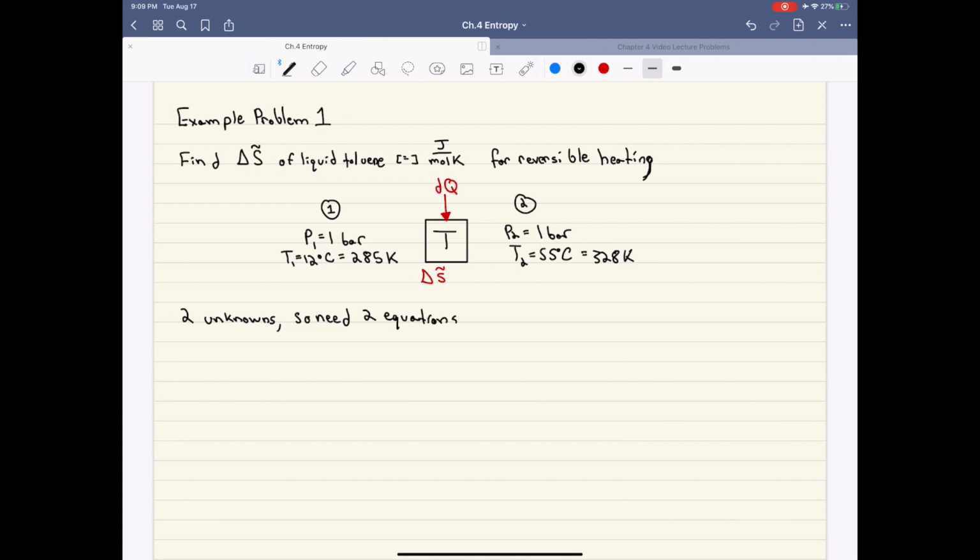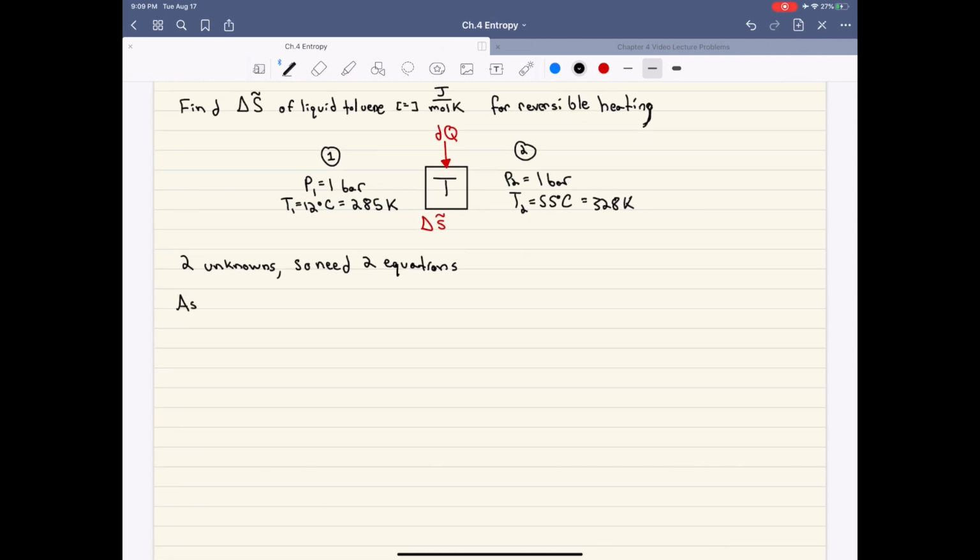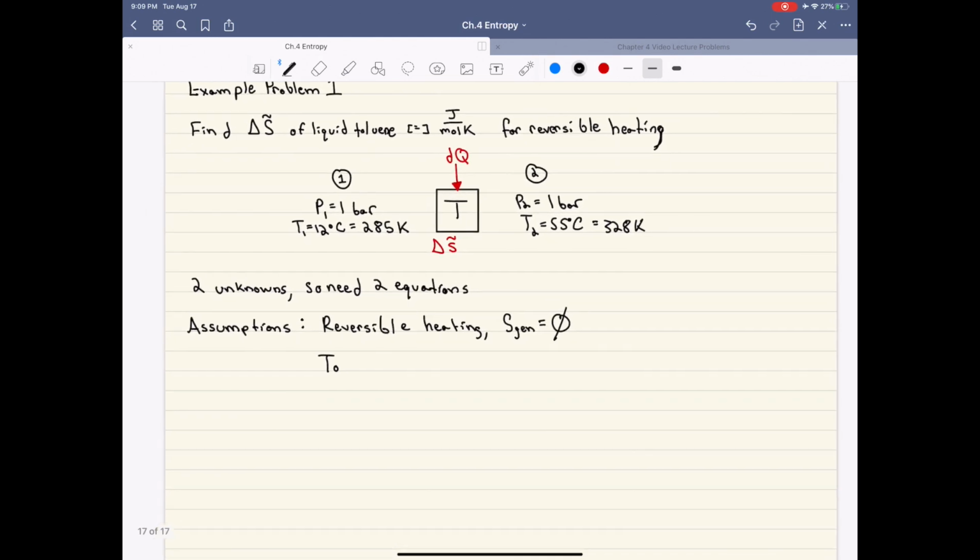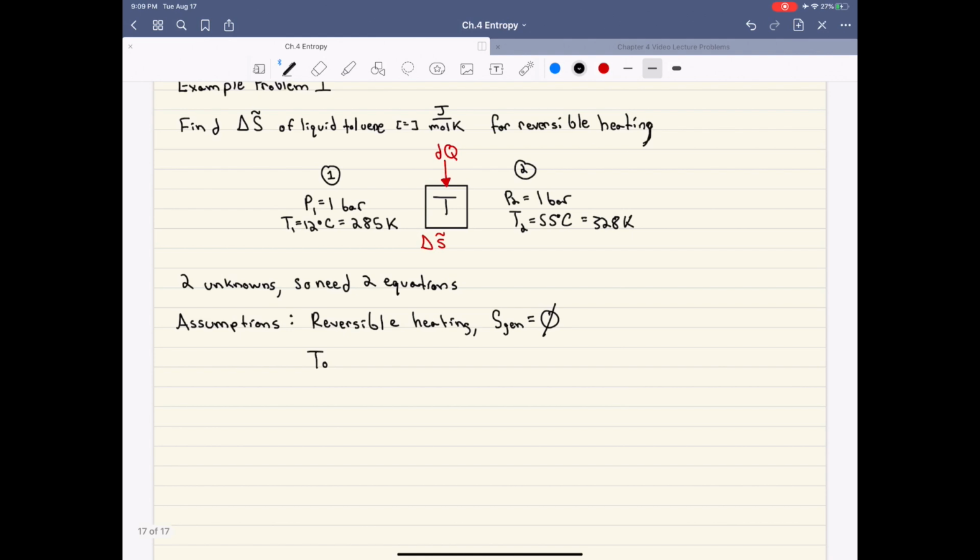To solve this problem, we're going to make a couple of assumptions. The first assumption is clearly stated in the problem: we're only looking at the reversible heating of the toluene. That means the entropy generated in the system, S_gen, is going to be equal to 0. The other assumption is that at these conditions, at 1 bar and 12 degrees Celsius, toluene is a liquid.